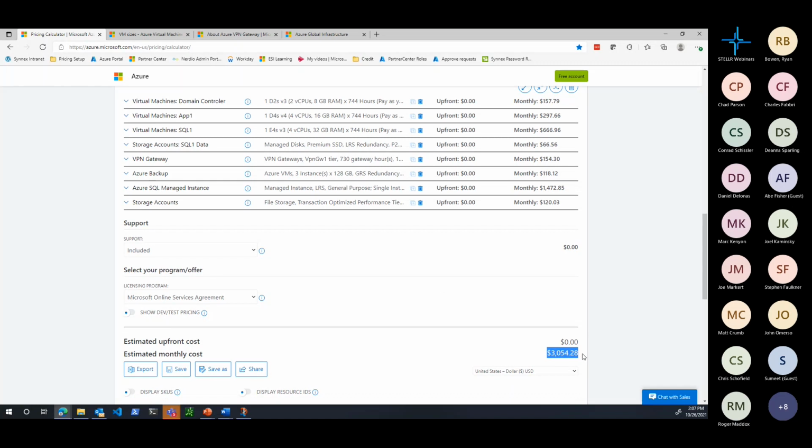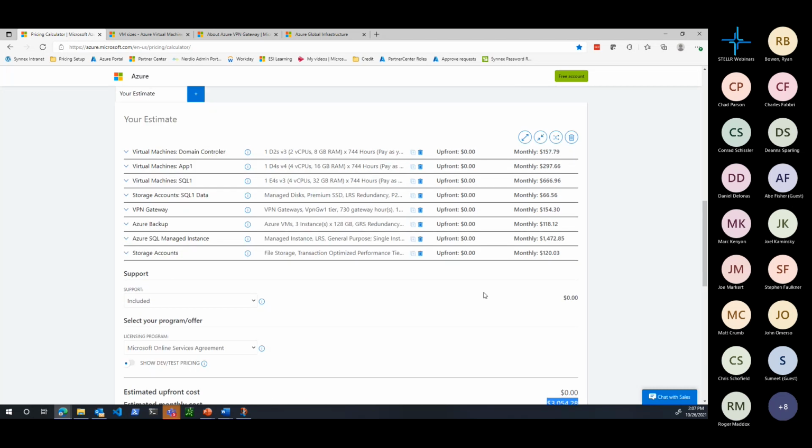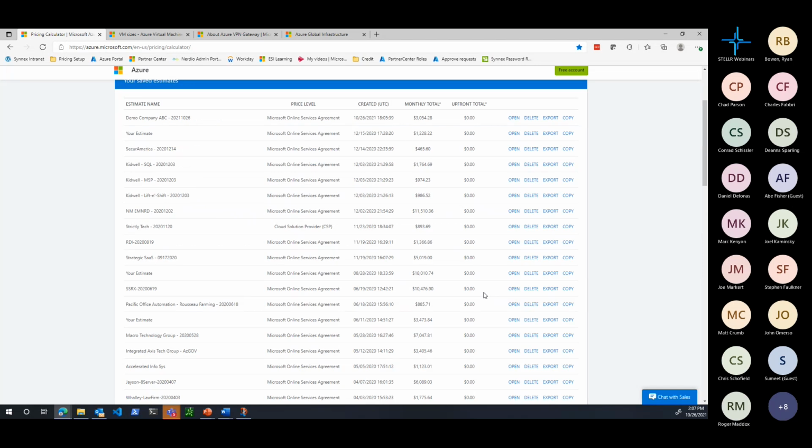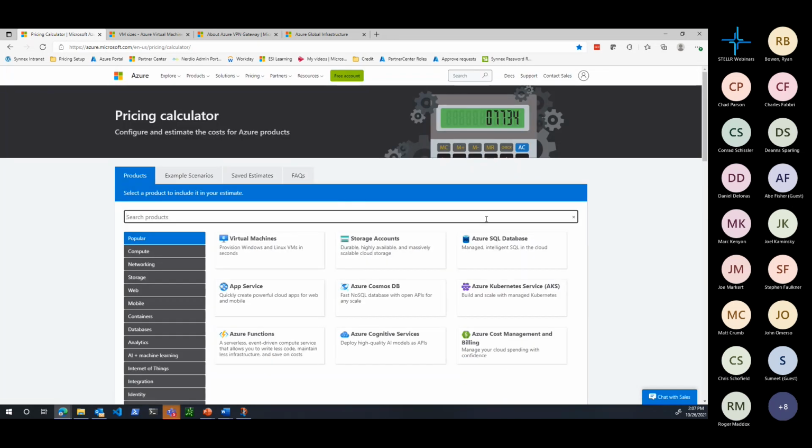Nothing that I have ever seen from an estimate is ever exactly what the estimate says at the end of the month, but does not mean that you have to send the MSRP to your customer. It is at your discretion and however your contracts are laid out as to how you want to bill your end user. So with that, we'll go back to the overall layout here of the pricing calculator.